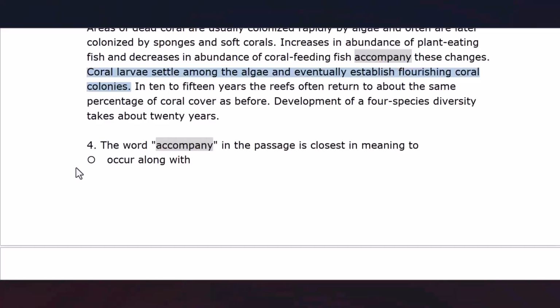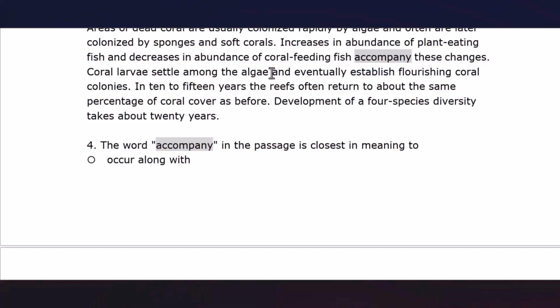The next sentence: coral larvae settle among the algae and eventually establish flourishing coral colonies. Here, settle is a main verb. The other main verb is establish, and we know this from the coordinating conjunction and that connects both settle and establish, which function as the main verbs in the sentence.